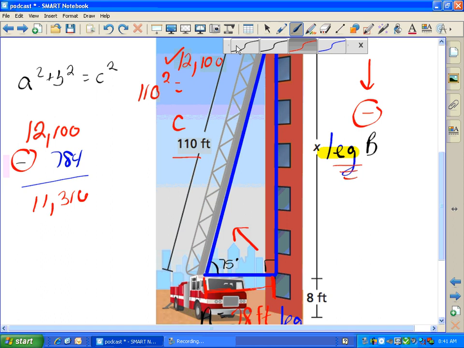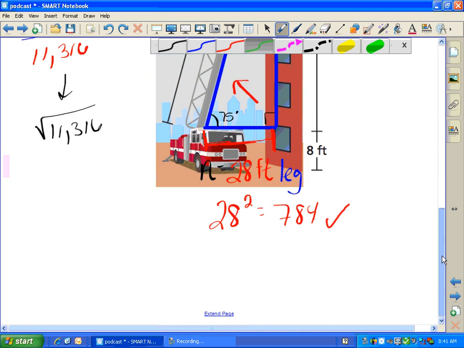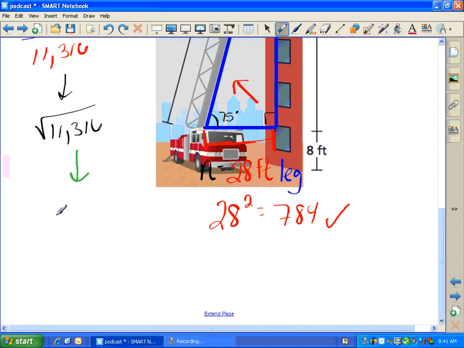Next thing I'm going to do, excellent job for your group, is I'm going to take the square root of 11,316. When I do that, the square root of 11,316, plus 10 for your group, because you recognize that this is an irrational number. Why is it irrational? Excellent job.